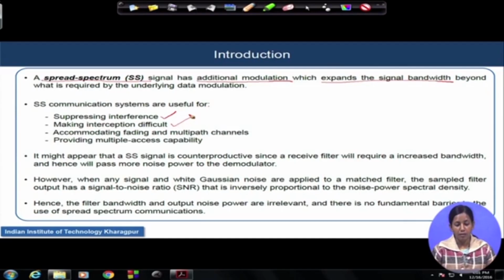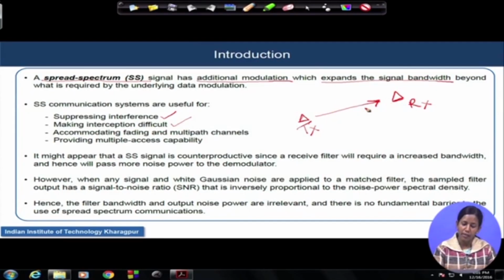Interception means suppose you are a communicator and you are communicating with an intended receiver. So, this is the intended transmitter and receiver, and communication needs to be established between these two.